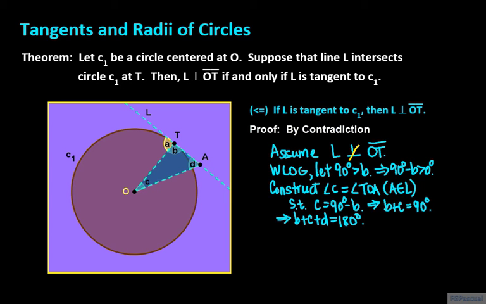But we constructed angle C so that B plus C is equal to 90 degrees. So that we can subtract B plus C from the left side of this equation and subtract 90 degrees from the right side and still maintain equality. So that D must be equal to 90 degrees.